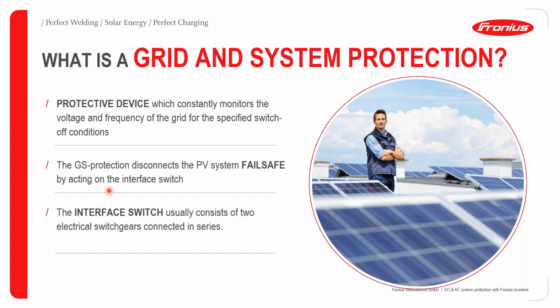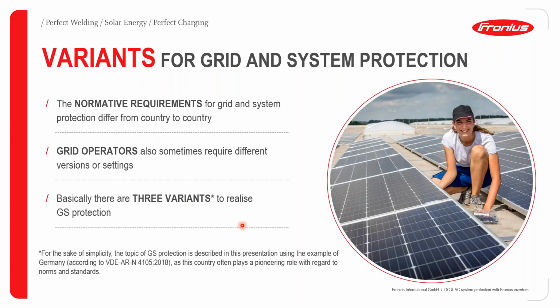The GS protection, as it will be called for the rest of the webinar, disconnects the PV system in fail-safe mode by acting on the interface switch in the inverter, which we are going to see subsequently. The interface switch usually consists of two electrical switchgears that are connected in series.